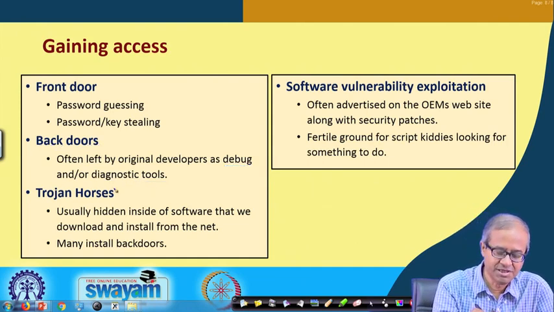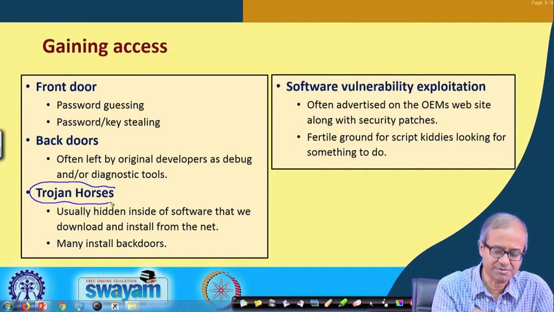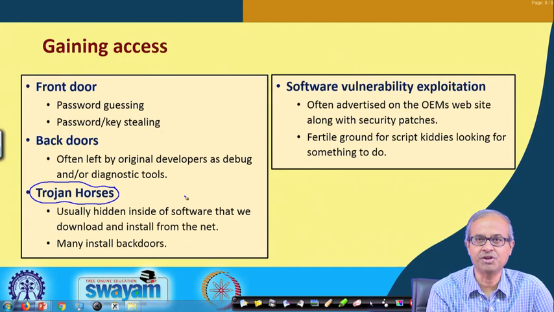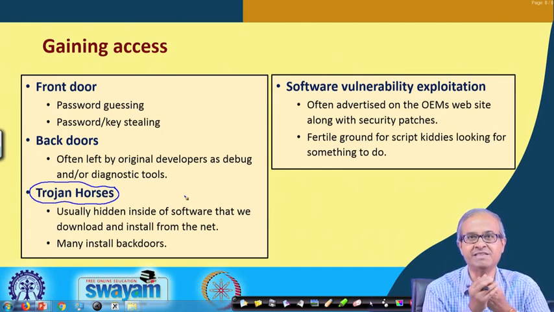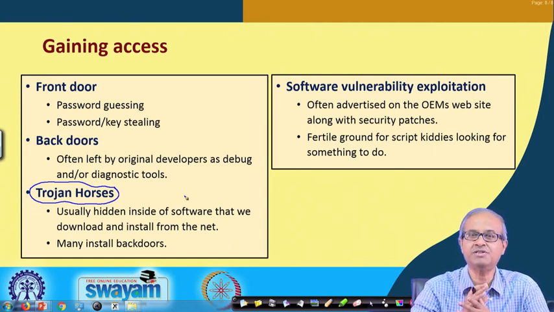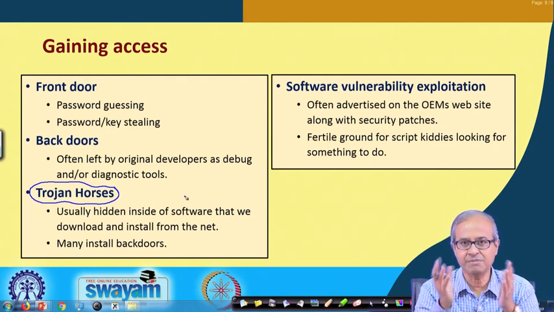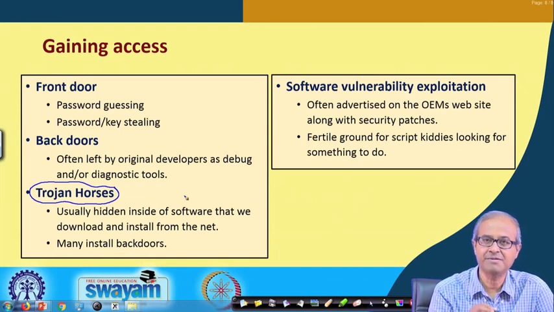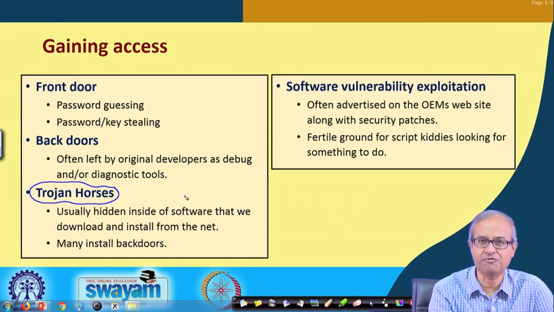Then comes the Trojan horses. Now, if you remember the story of the Trojan horse, some warriors were hidden inside a horse. Suddenly, one night they come out and start creating havoc. A Trojan horse is also, in terms of a computer system, something very similar. Let us think of a software first.